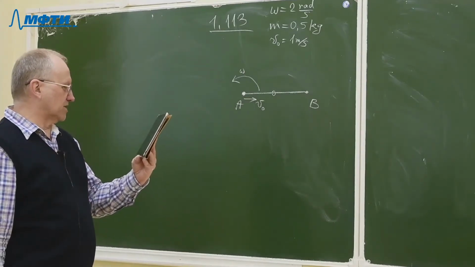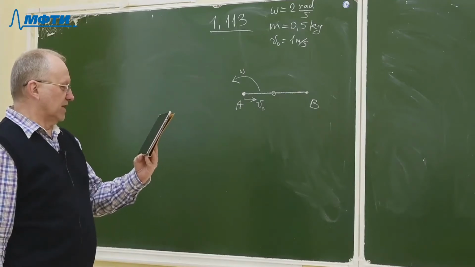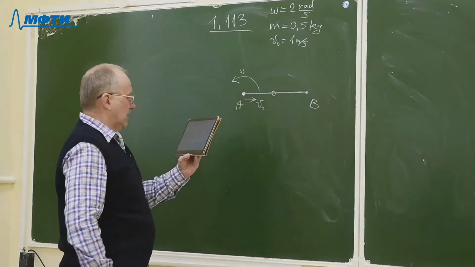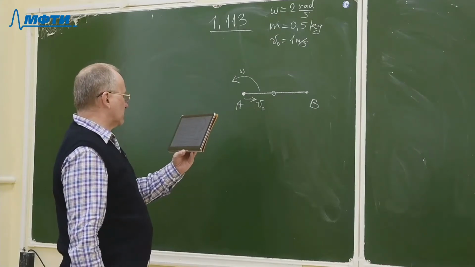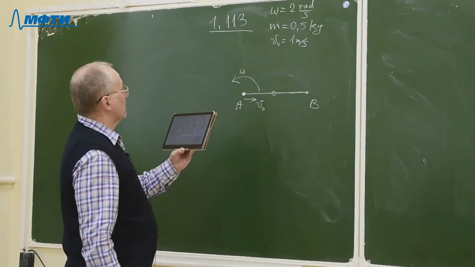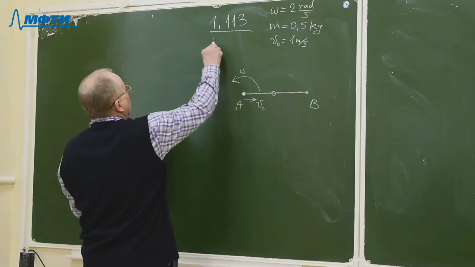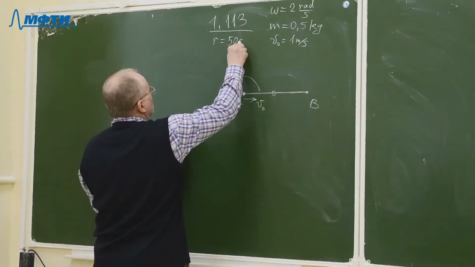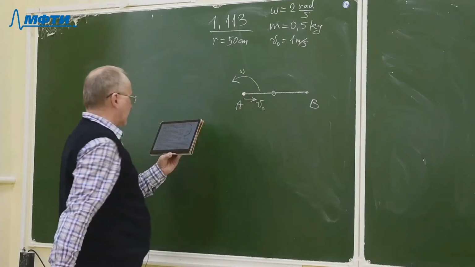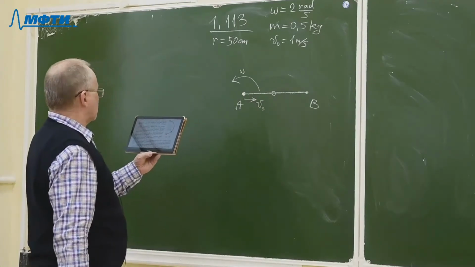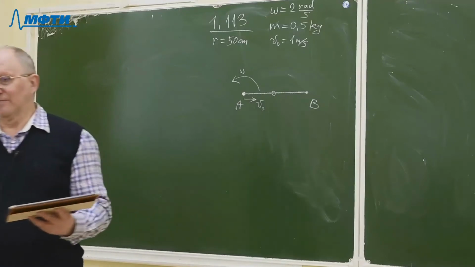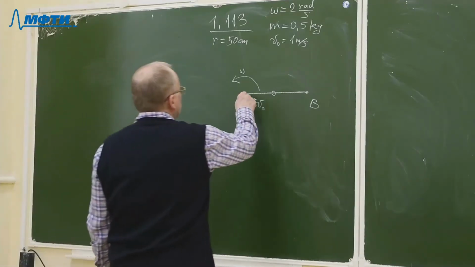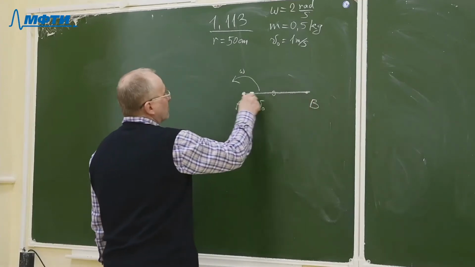Find the Coriolis force acting on the sleeve in the reference frame fixed to the rotating rod at the moment when the sleeve is located at the distance r of 50 centimeters from point A, from the rotation axis. That's it. So the rod AB does not rotate by itself.